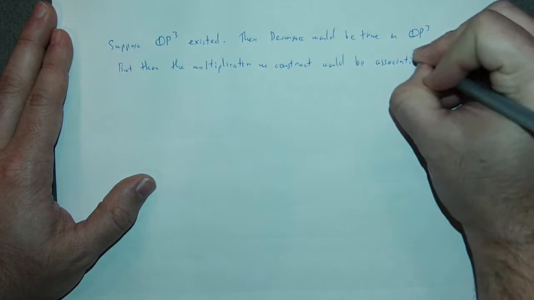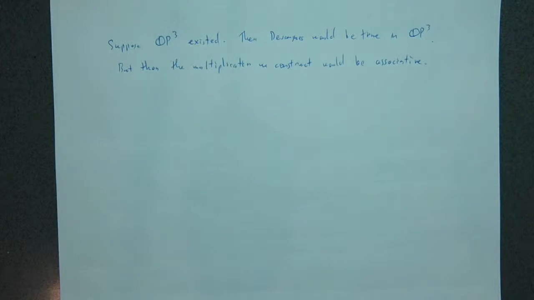And if we've constructed multiplication on OP3 using our straight edge in this way, we can do these constructions. You might balk at this for a second because this is a construction in three-dimensional space, but we could carry over these constructions in a very similar way. So we construct a multiplication that would be associative.